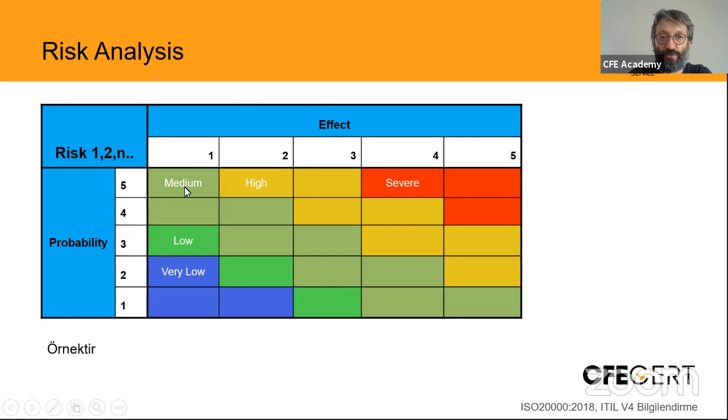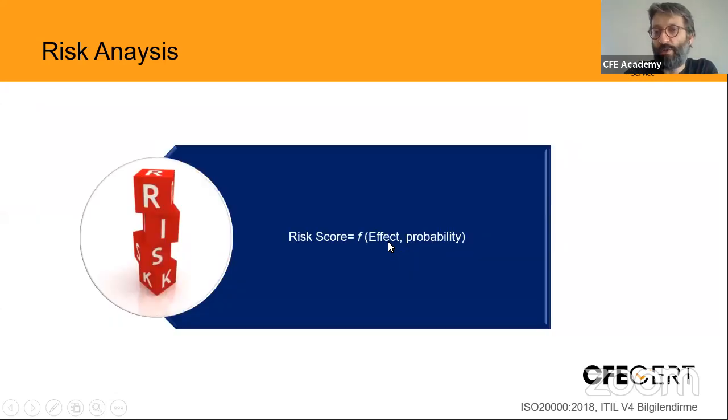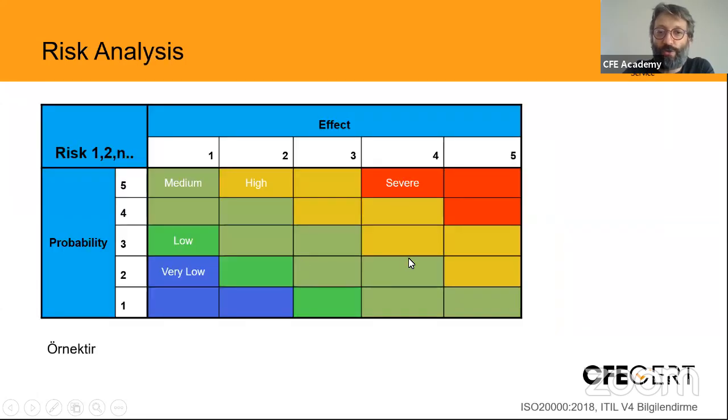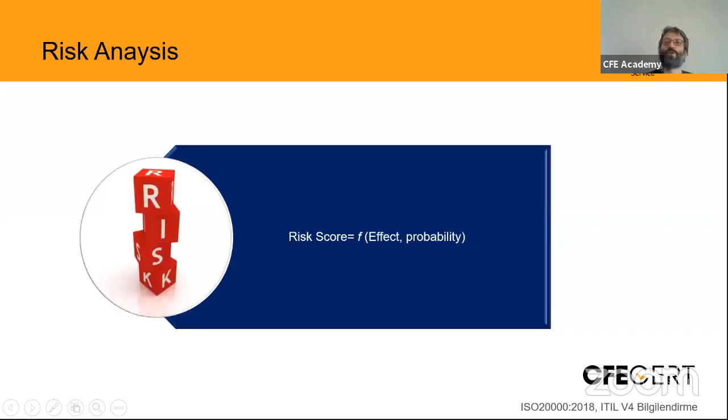Using these 2 numbers, you run a formula, and after that you get a risk score. The formula is that you somehow use the effect and the probability. You can multiply them, you can add them, you can take the highest number. Again, it's up to you. But here you get your analysis, you put in the values, you apply the formula to the values, and you get a score. So based on the formula and the values, you have a range of risk scores.